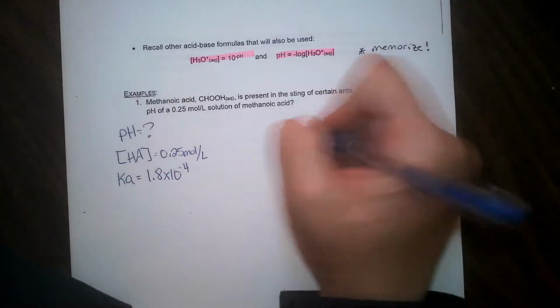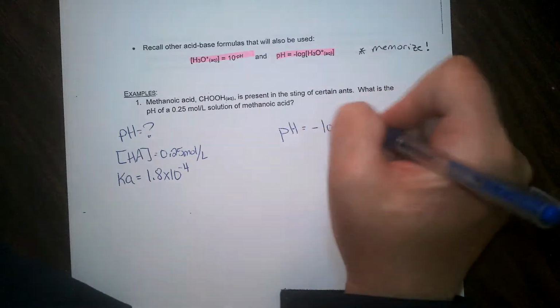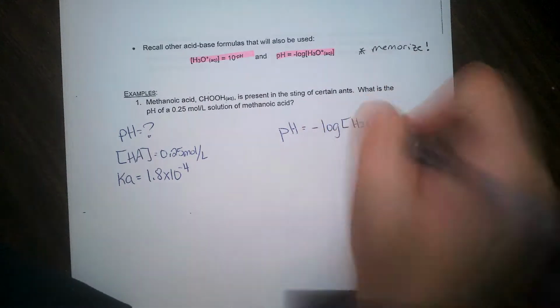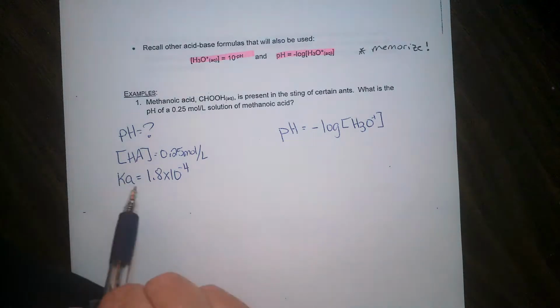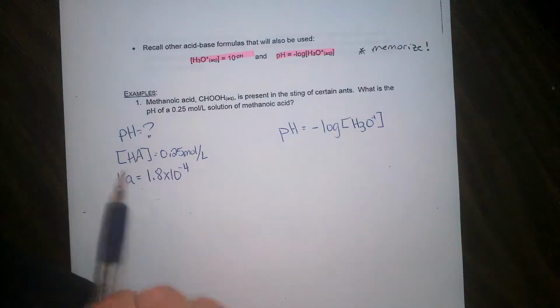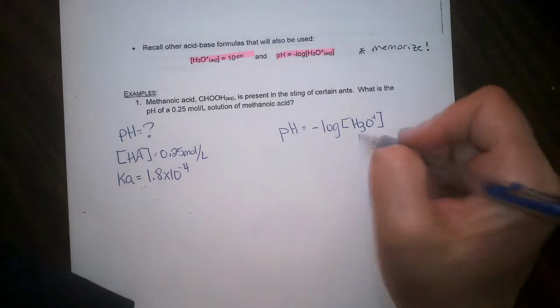We solve pH by taking the negative log of the hydronium ion concentration. Do we have hydronium ion concentration? No, we have HA. How do we solve this?